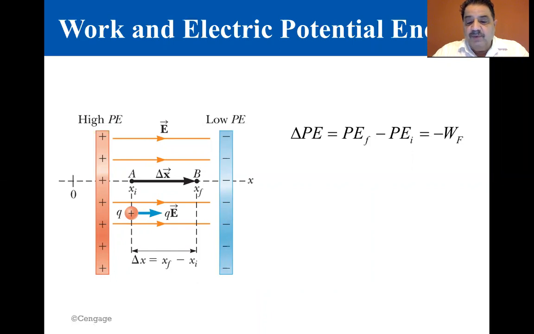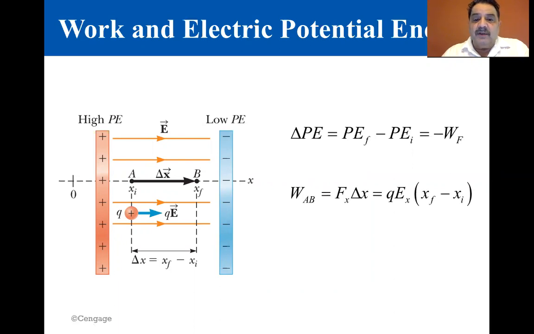As the charge moves from point A to point B under the influence of the electric field E, the work done on the charge by the electric field is equal to the part of the electric force QE acting parallel to the displacement times the displacement.